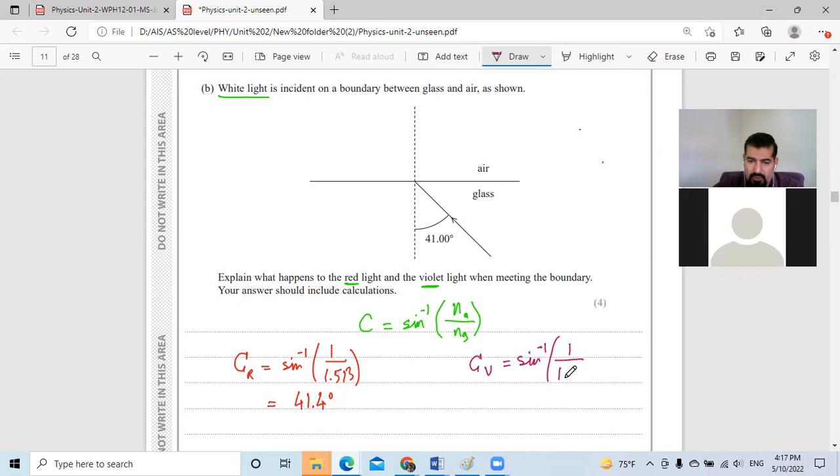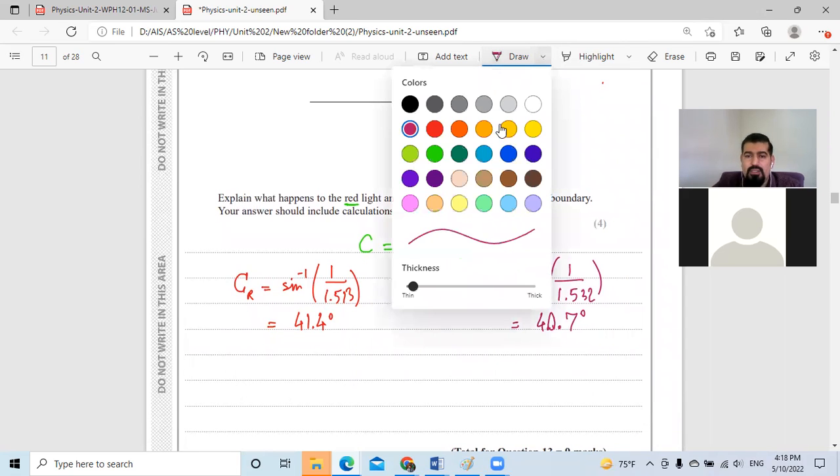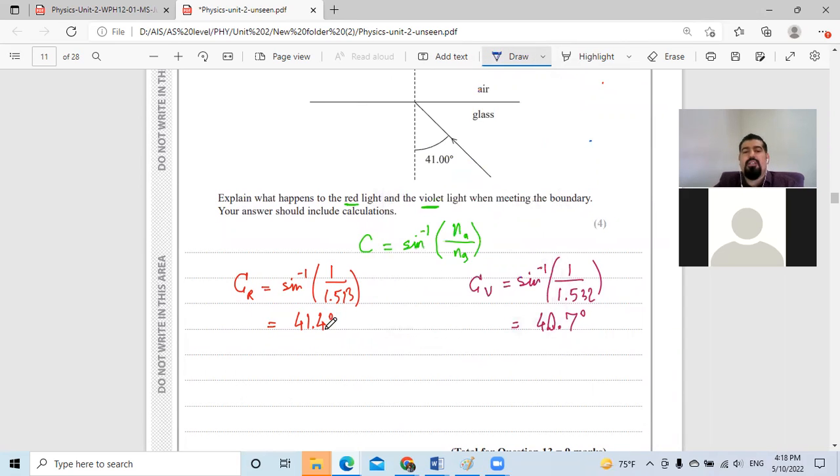So 1 over 1.532. And by using the calculator, the angle is what? It's 40.7 degrees.